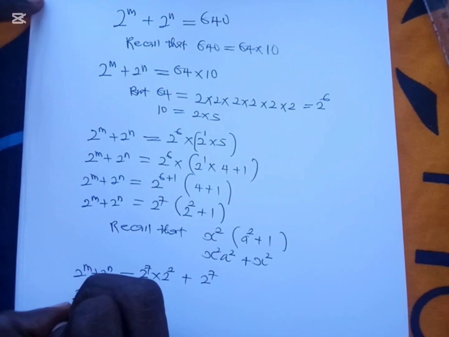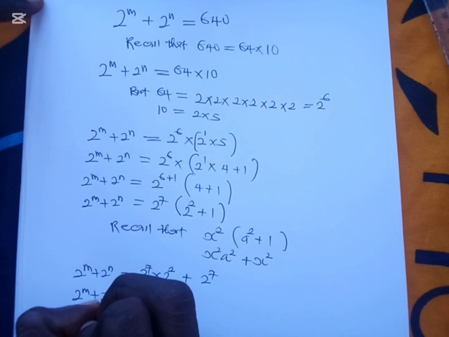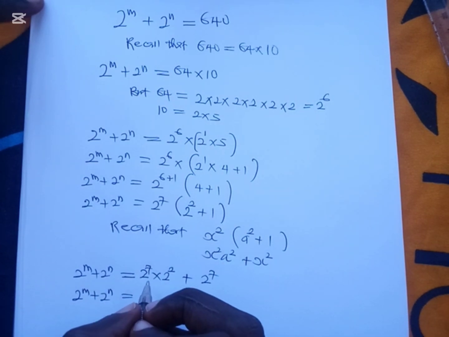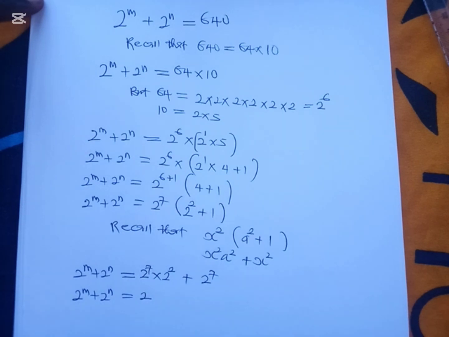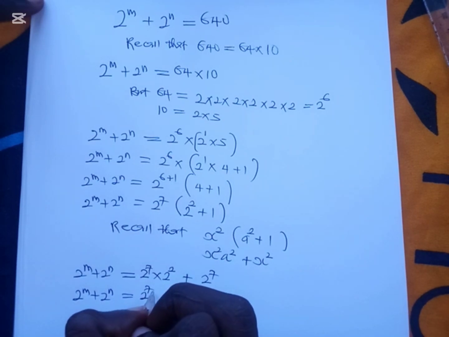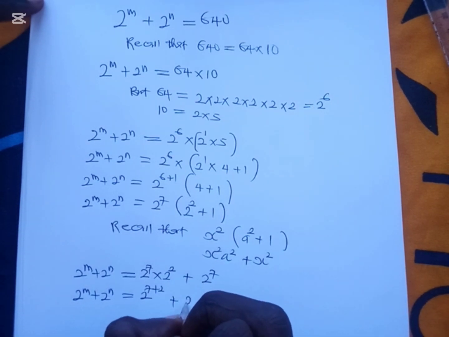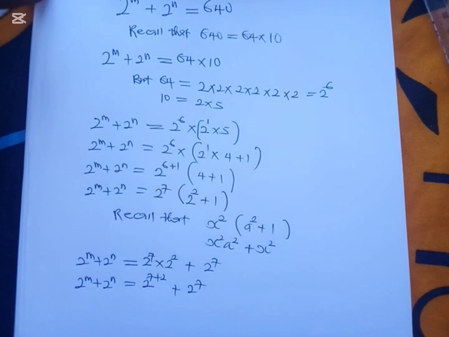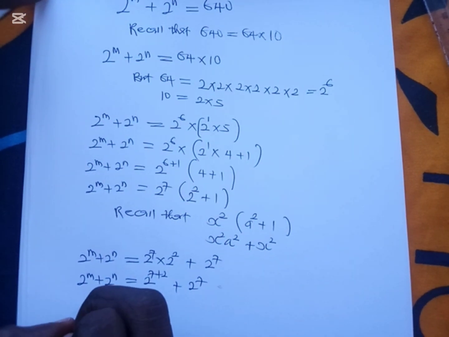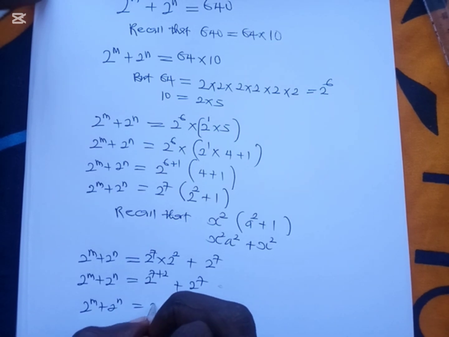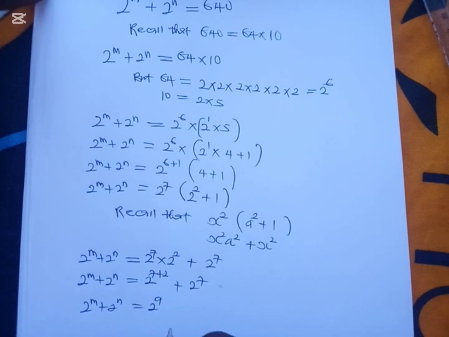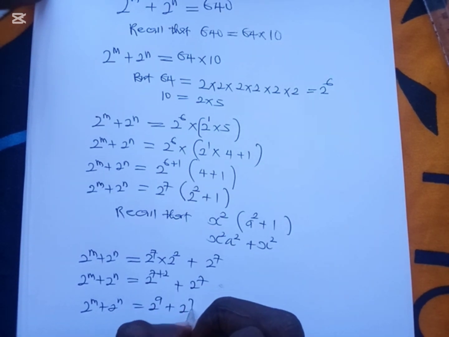This is equals, we apply multiplication law of indices. They are the same base, we take one base and we add their power. 7 plus 2, plus 2 raised to the power 7. Now this becomes 2 raised to the power 9 plus 2 raised to the power 7.